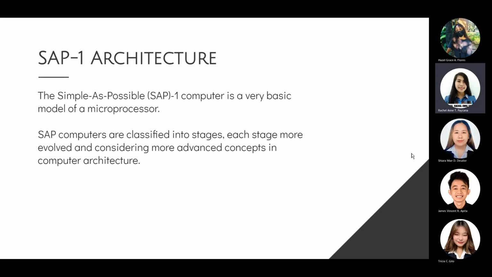The SAP1 computer represents the beginning of this progression and is equipped with the essential components for a usable computer. Its main goal is to provide readers a fundamental understanding of how computers operate, interact with memory, and cooperate with other components of the system like input and output.